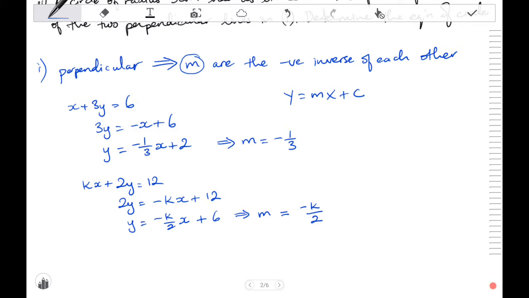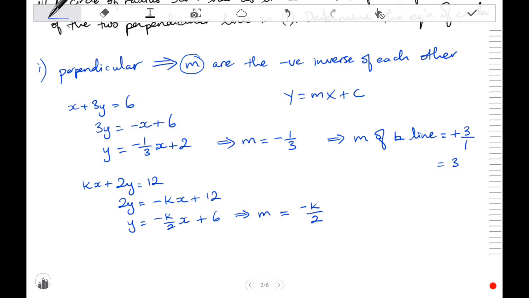Right. So we have the two gradients of the two lines, but we know for certain that they are perpendicular to each other. So a certain value of k here would make this line perpendicular to this line. As we said before, gradients are the negative inverse of each other. So if this line has a gradient of negative a third, the gradient of the perpendicular line will be positive, because you change the sign and then flip it, 3 over 1, or just 3.